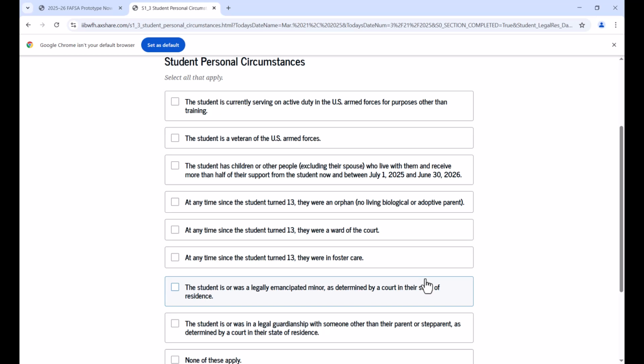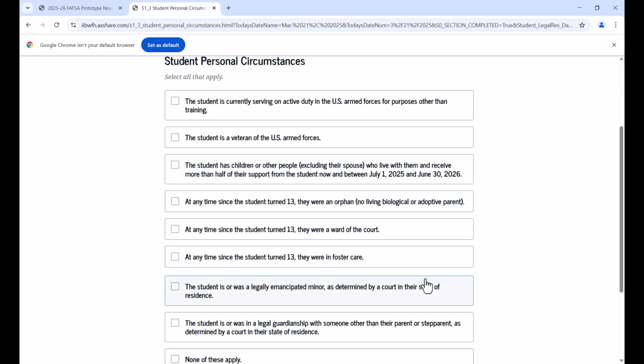So again, for these three questions, the biggest thing is for a student to fully understand the phrase "since the student turned 13." So since they turned 13, if any of those things following the comma happened, they are able to select yes to these questions.